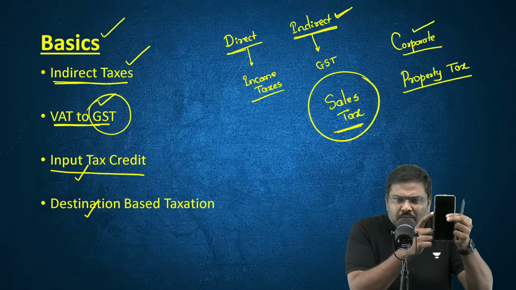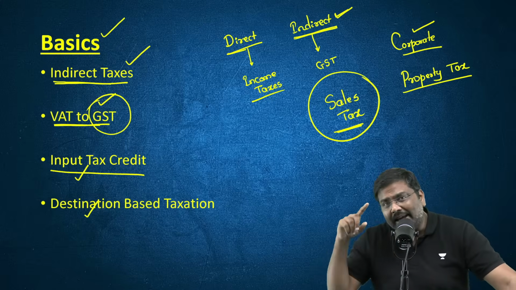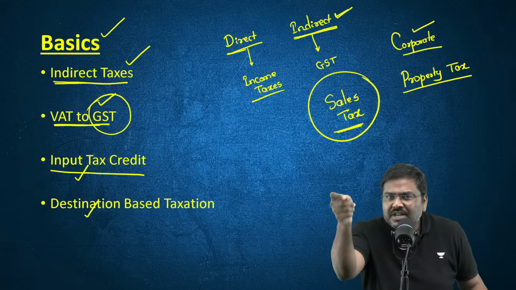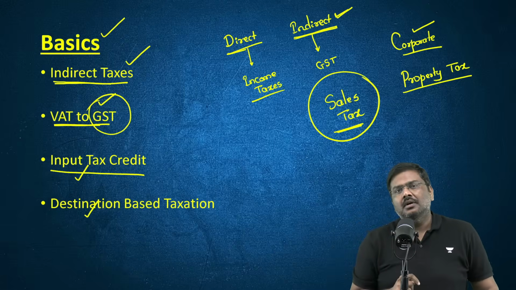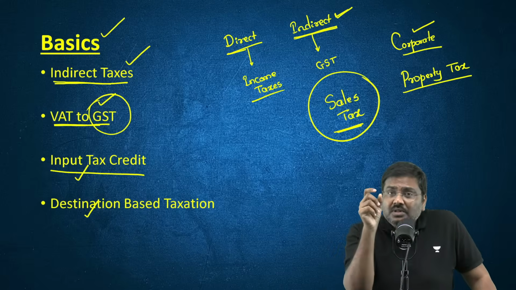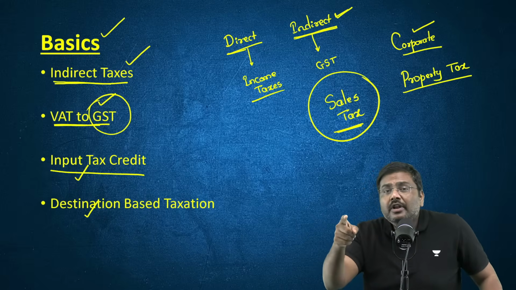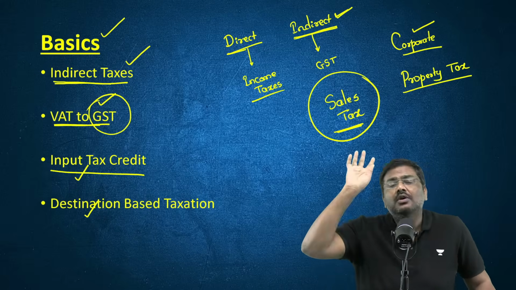To manufacture the mobile phone, you will purchase inputs. And when you purchase inputs, you will pay GST on the inputs. Right? You will pay GST when you purchase the inputs. Now, this GST that you have paid when you purchase the inputs will be credited back to your account.